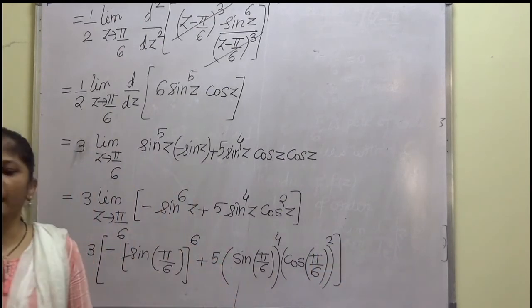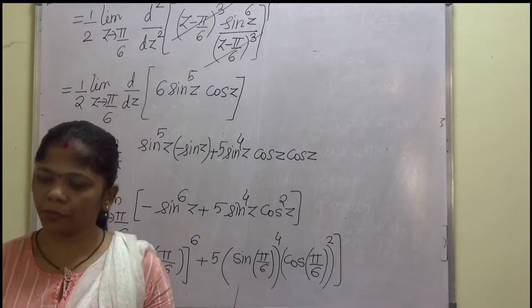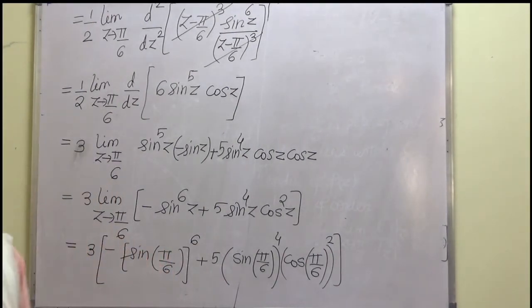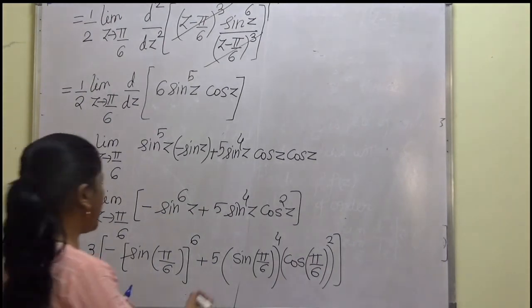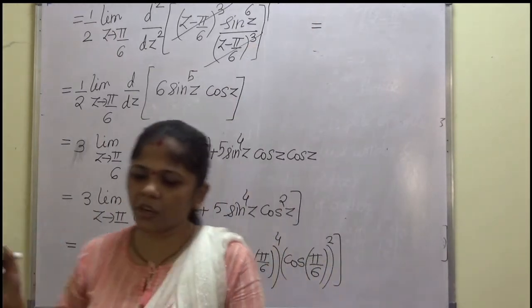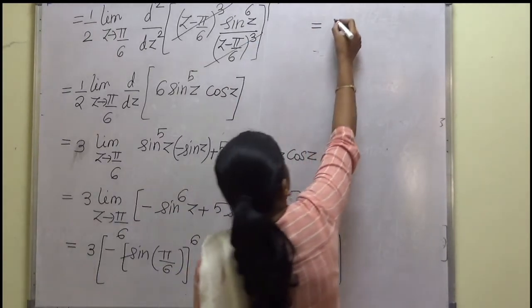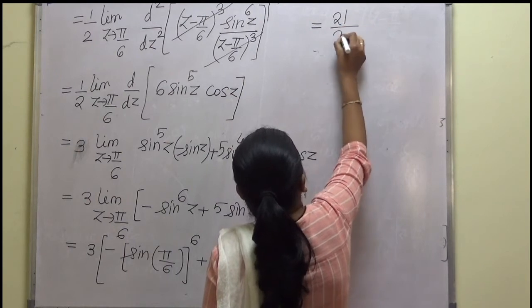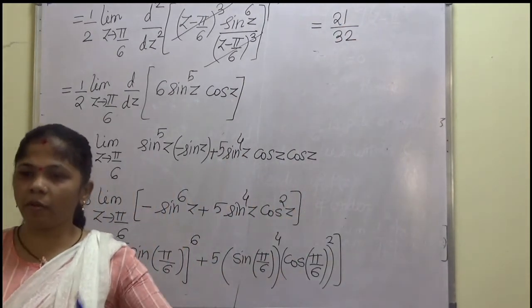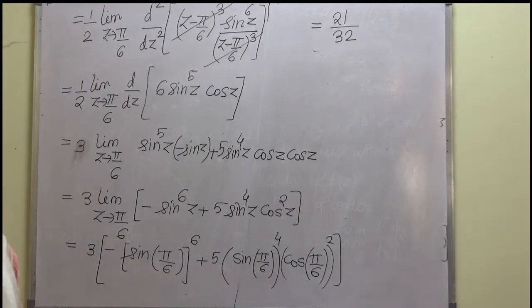What is the value of sin pi by 6? Yes, 1 by 2. And cos pi by 6 is root 3 by 2. So simplify this. The residue after simplification will be nothing but 21 by 32.